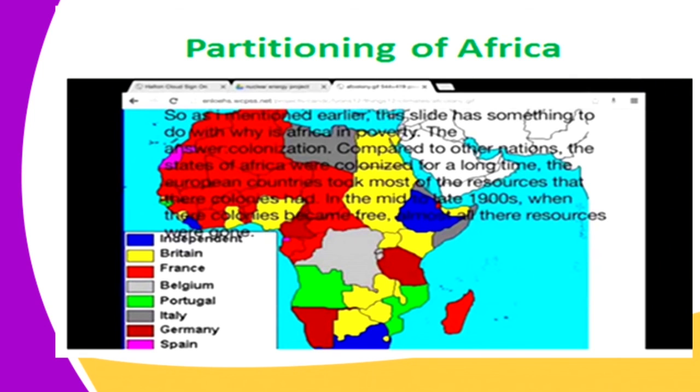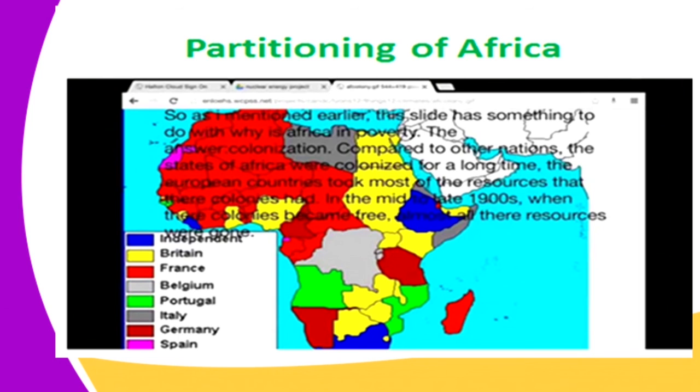We have Spain, which actually had only one colony. And we have blue, that is the independent area, the area that was left independent. So you can see how Africa was divided among themselves as a result of this.